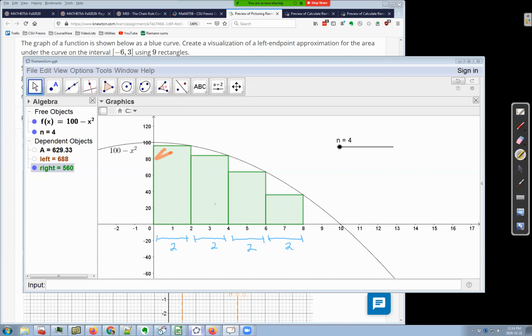I'm focusing on this rectangle right here. The height is where the left, I keep saying the wrong word. Sorry. It's where this is the right side. This is the right side. Sorry. I know what you mean.